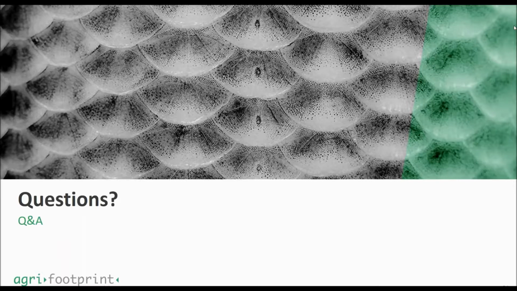All this information is also available in the methodology report part 2 that you can find on the website of Agri-footprint. There you can also find information on fertilizer and pesticide modeling. This is also a question we receive very often. There's a quite extended description of how we model these inputs.